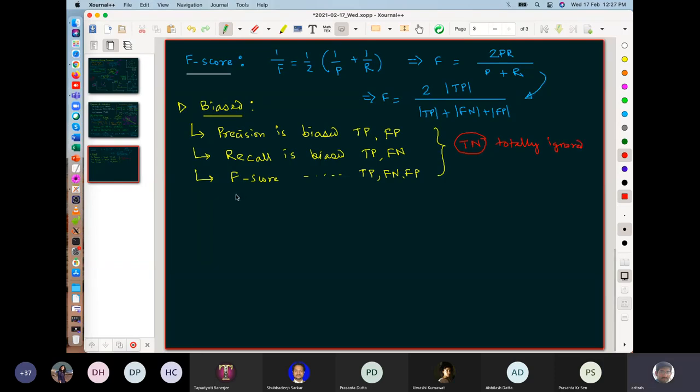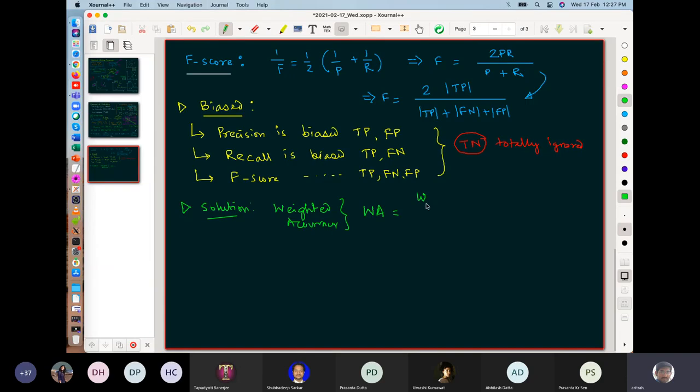Therefore, two things people have done. So one of the solutions becomes like this. One, people try to give a weighted accuracy. So when I say I will give a weighted accuracy, let me call it WA.